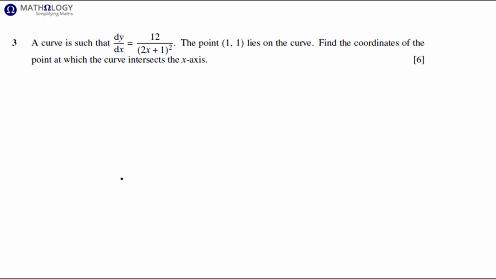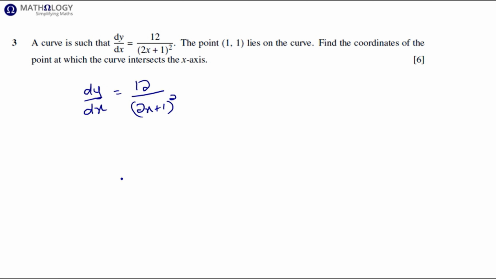The curve is such that dy/dx equals 12 over (2x plus 1) all squared. The point (1, 1) lies on the curve. We're required to find the coordinates of the point at which the curve intersects the x-axis. Okay, so we are given dy/dx, which is the gradient function or derivative function of a curve y equals.